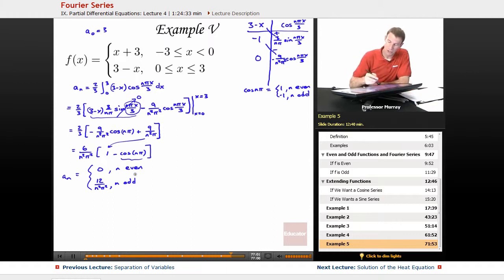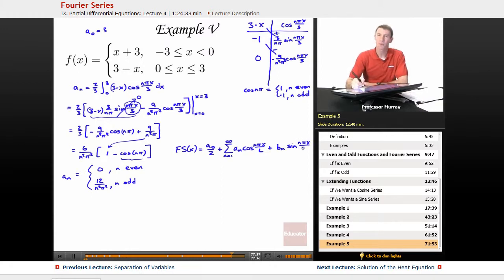Now let me remind you of the generic form for the Fourier series. For the Fourier series of a function, it's a0 over 2 plus the sum from n equals 1 to infinity of an cosine of n pi x over L plus bn sine of n pi x over L. For this one, we already arranged the function so that all the sine terms dropped out because we made the function even.